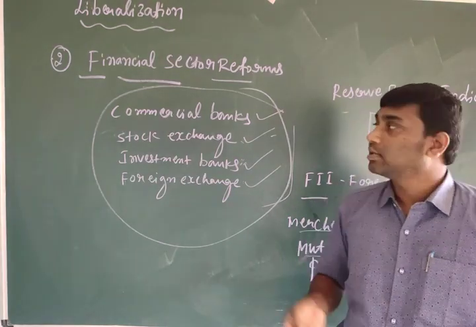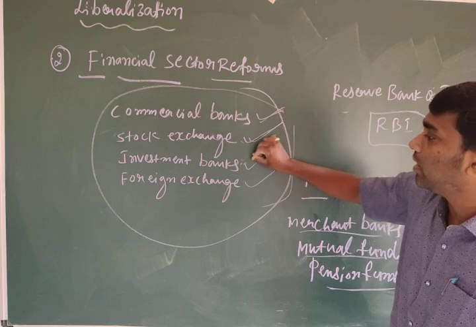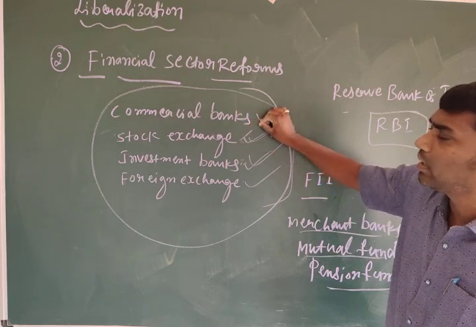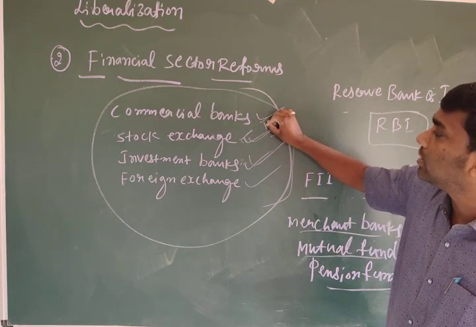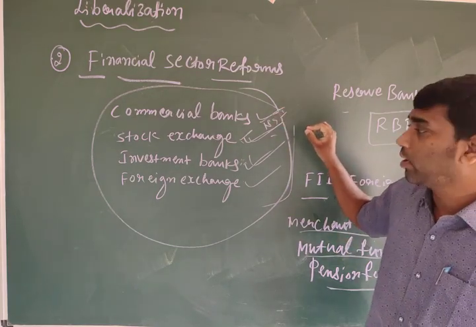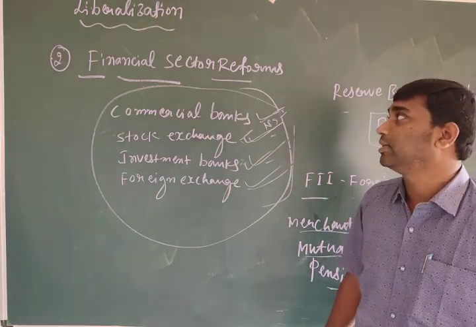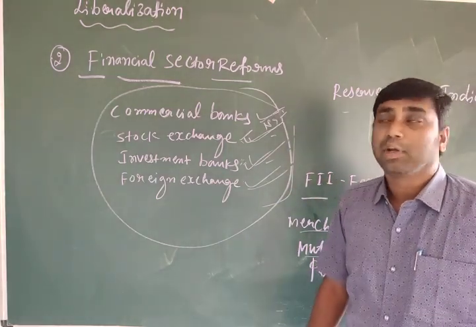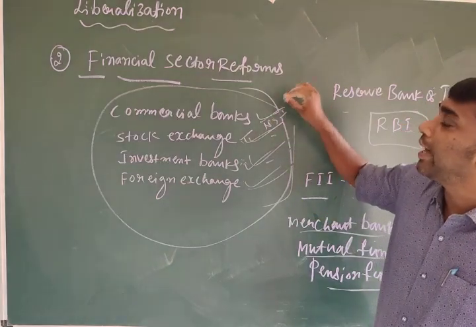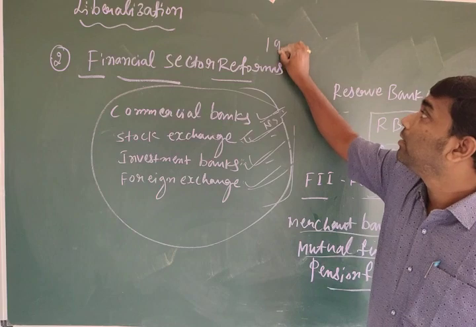All the financial sector includes commercial banks, stock exchange markets like NSE and BSE, the National Stock Exchange and Bombay Stock Exchange, investment banks, and the foreign exchange market. Everything is under the financial sector reforms. All these activities were controlled by the Reserve Bank of India before 1991.